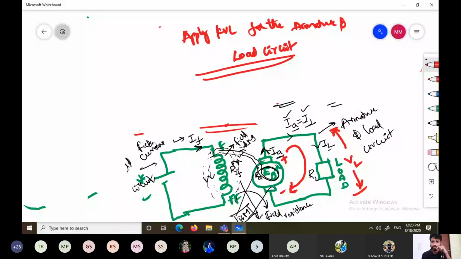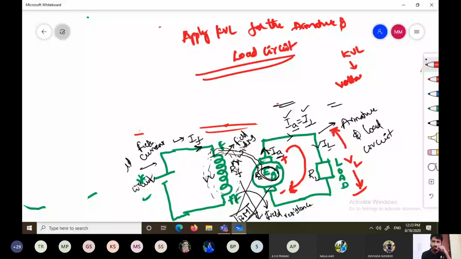So see here, as we are going in the direction of IA, we apply KVL. We touch the negative terminal of EG. EG is the voltage induced in the armature. KVL means the algebraic sum of voltages and voltage drops in a loop must be equal to 0.